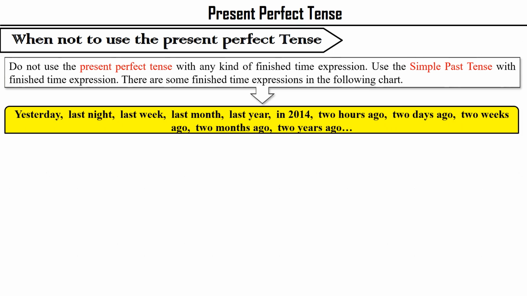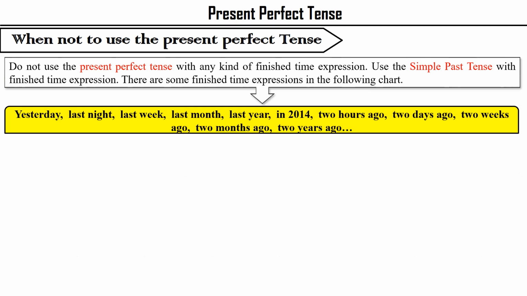They are like yesterday, last night, last week, last month, last year, in 2014, in 2015, etc. 2 hours ago, 3 hours ago, 2 days ago, the day before yesterday, 2 weeks ago, 3 weeks ago, 2 months ago, 2 years ago, 100 years ago.